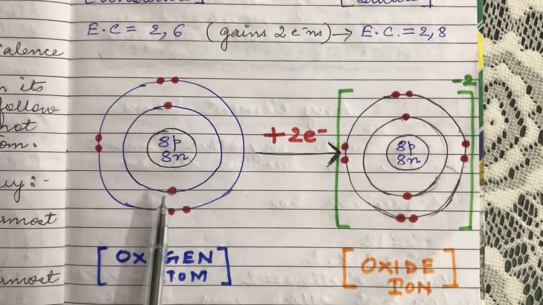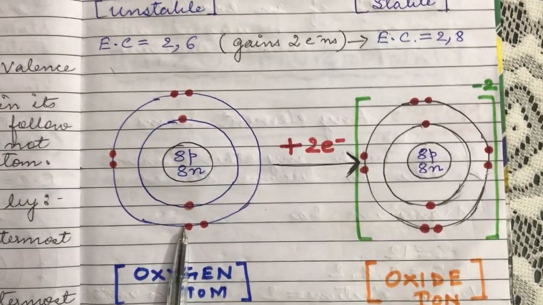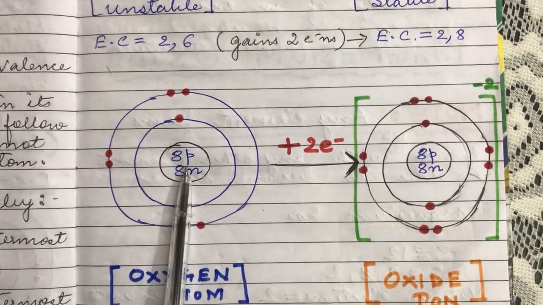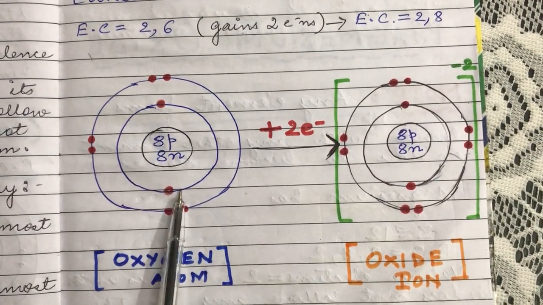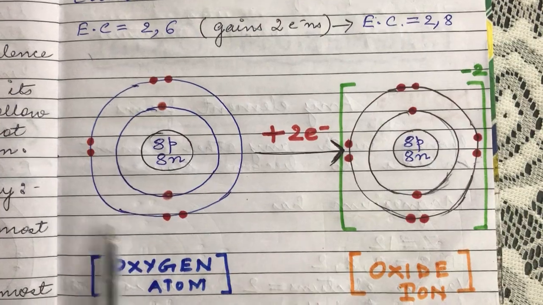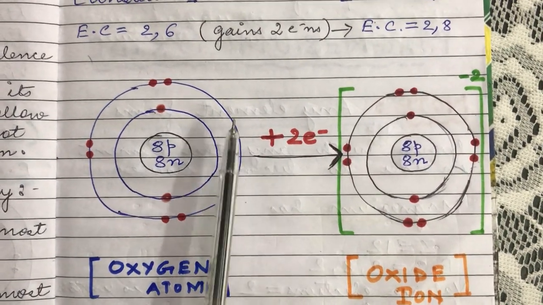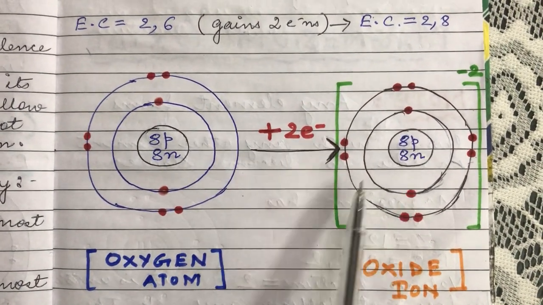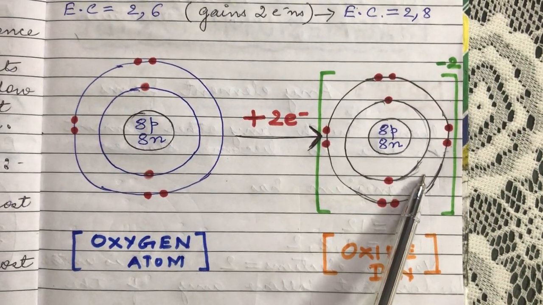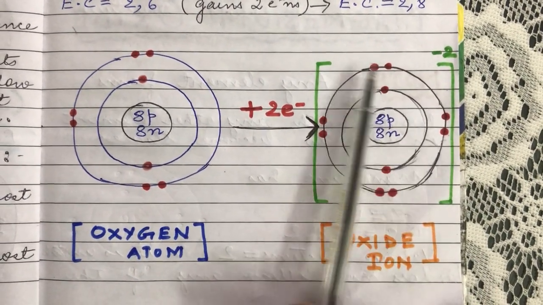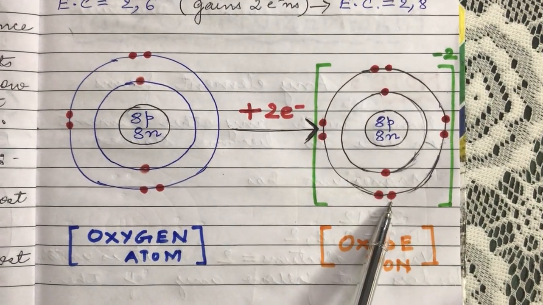So, let's understand this with the help of the orbital structure. The oxygen atom has 8 protons and 8 neutrons in its nucleus, with 2 electrons in its first orbit and 6 electrons in the second orbit. When it gains 2 electrons, it becomes stable. We can clearly see 8 electrons in its outermost shell.